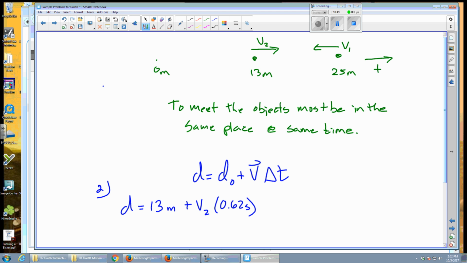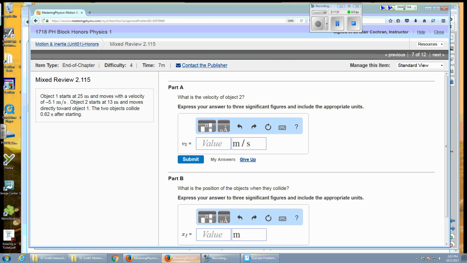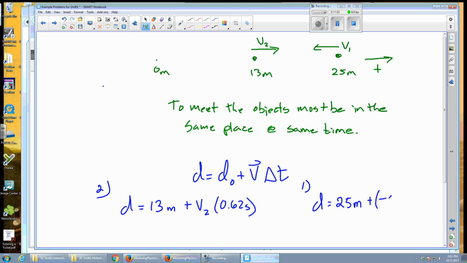For object number 1, I end up at D, I start at 25 meters. I move at negative 5.1. And I move for 0.62 seconds.